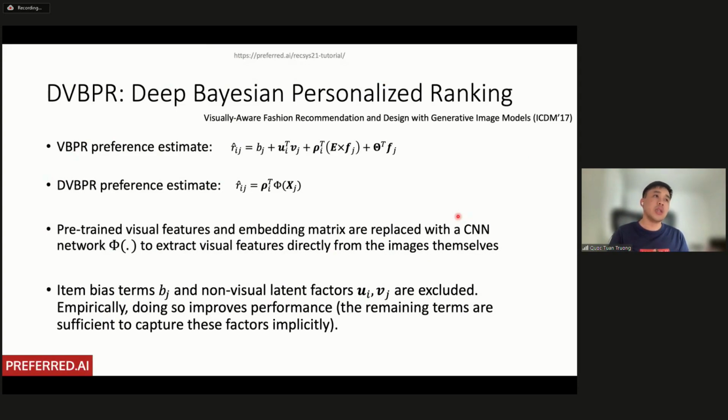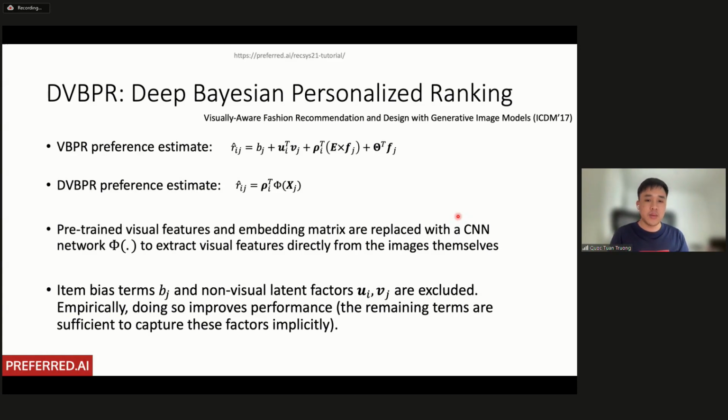So this paper on deep Bayesian personalized ranking. Basically, this DVBPR is a direct extension of VBPR. The idea of this one is, instead of using pre-trained visual features, why don't we learn a CNN to directly encode the image?